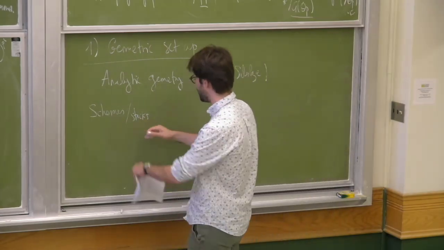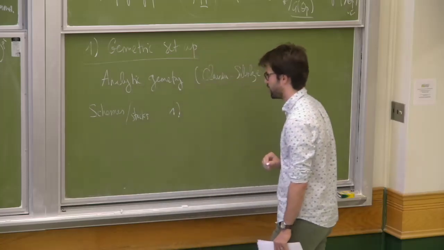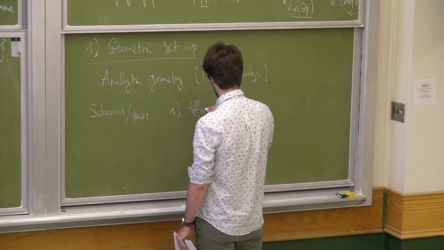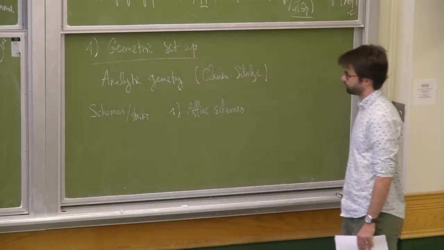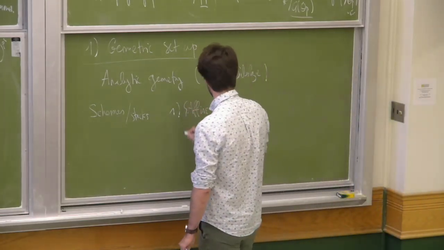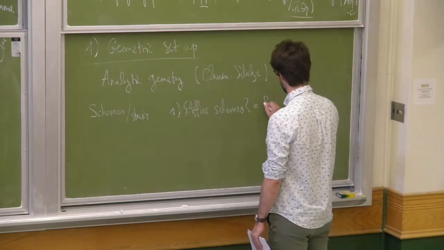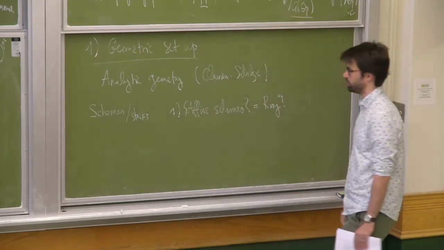So I would say that maybe you can decompose this in two steps. Classically, first you define affine schemes. One very cheap way of doing this would be just to say that the category of affine schemes is the opposite of the category of commutative rings.